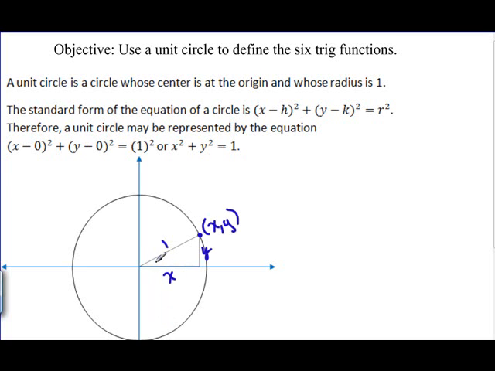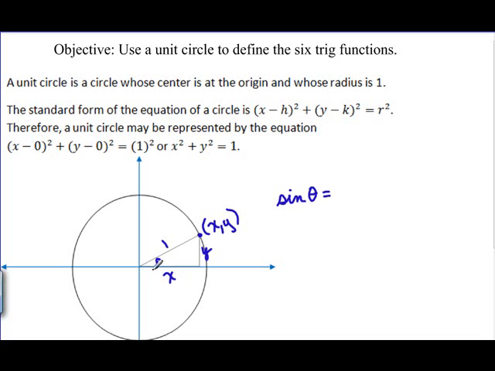Well, recall also that we gave this angle a name, let's say theta. And so whenever we are looking at this from a right triangle perspective, we can talk about the trig functions that occur. So let's talk about what the sine of theta would be.